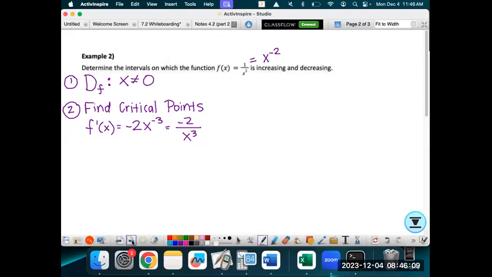All right, so now to find those critical points, remember that's going to occur where your derivative equals 0 and where the derivative does not exist. So go ahead and figure out if it equals 0 anywhere and if it does not exist anywhere.